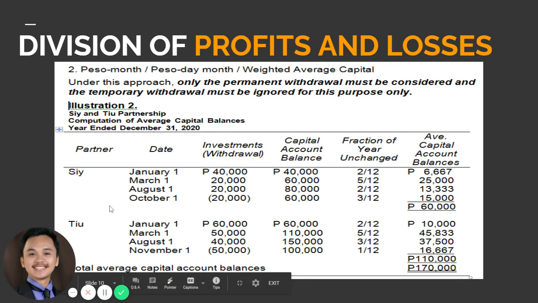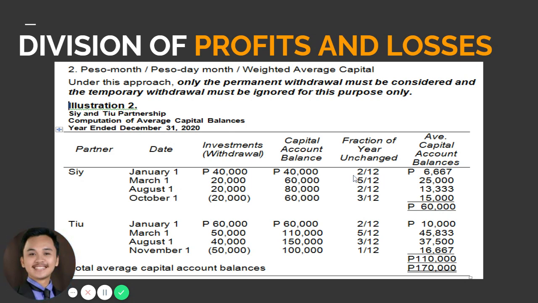So let's have C. It has a beginning balance on January 1 of 40,000. So capital account balance as of January 1 of 40,000, and then the fraction of year unchanged. Where does 2 over 12 come from?